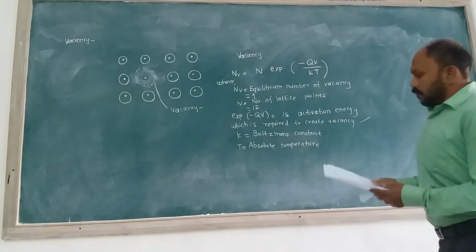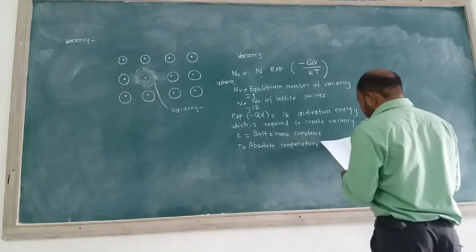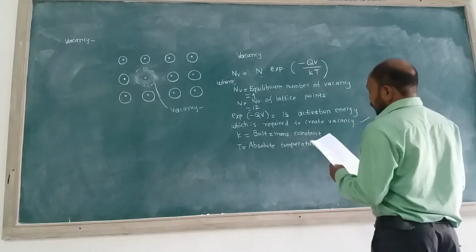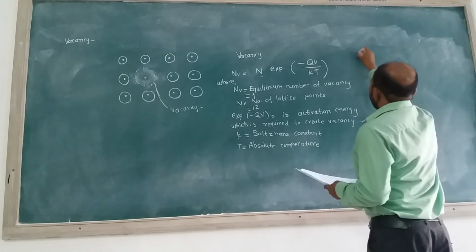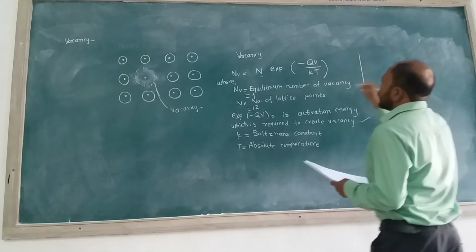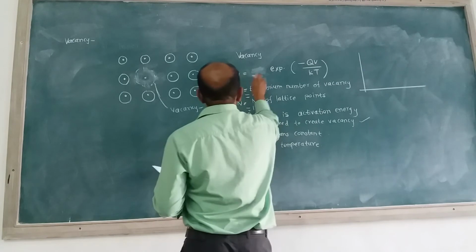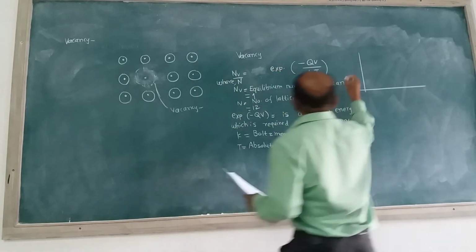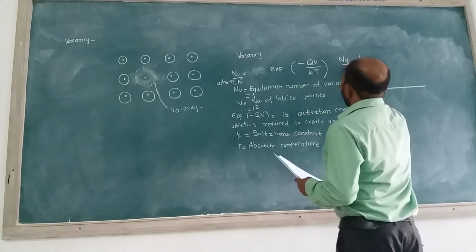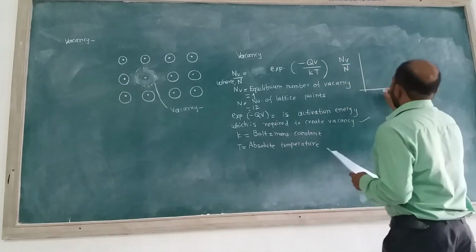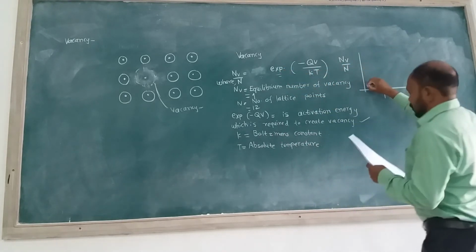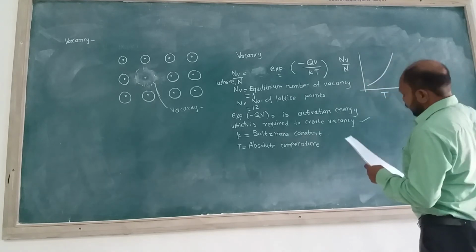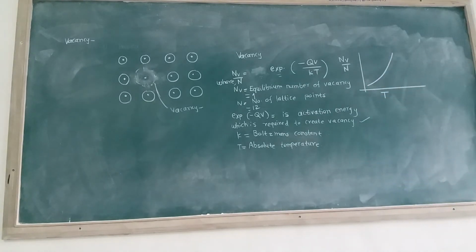So this is the formula, and if we plot the graph for this, if we take NV upon N on the left side and T on the other axis, the curve becomes an exponential curve.